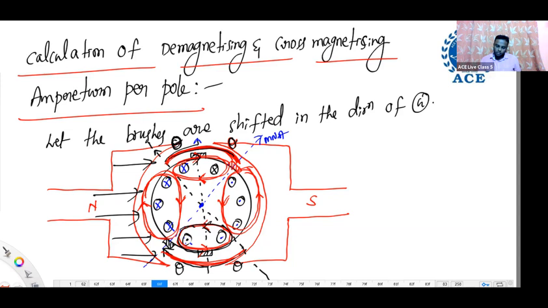For flux direction, apply the right hand thumb rule. Armature reaction is due to armature flux only, no? That's why we will calculate in the armature flux how much flux is demagnetizing in nature and how much flux is cross magnetizing in nature. How is cross perpendicular, no?